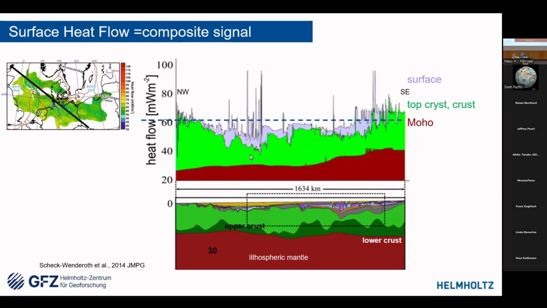And if we calculate now what is the heat flow at the surface, at the base of the sediments and at the Moho, we see so many different levels. So this is at the surface, this is the average 60 milliwatts, this is at the top crystalline basement, and this is at the Moho. And you can see the surface heat flow is a composite signal. It can be half crust, half sediments, half mantle. It can be mostly crust, depending on what your geological structure is.